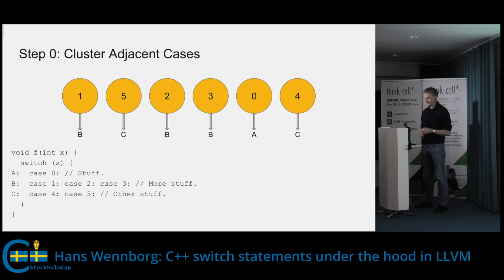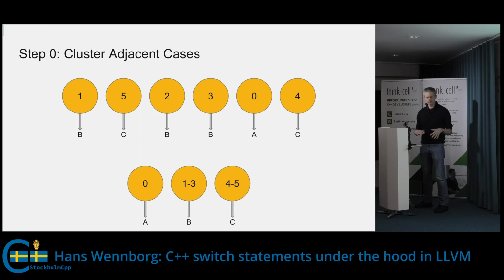So before we do anything else, we will cluster adjacent cases together. So if we have case ranges like in the early example using the extension, where several consecutive cases go to the same destination, they will be put into one cluster.